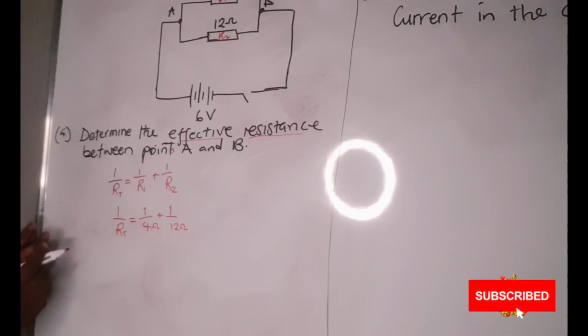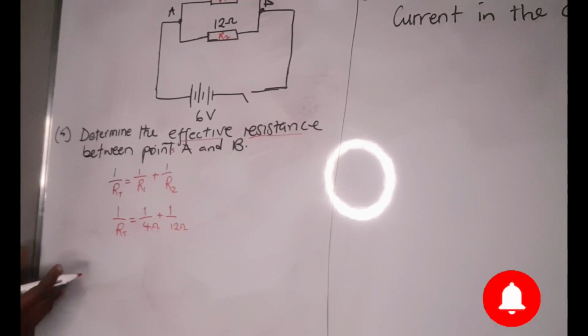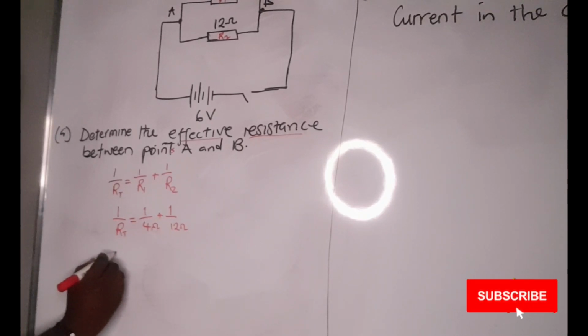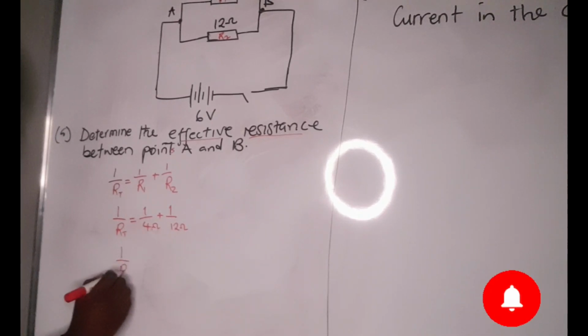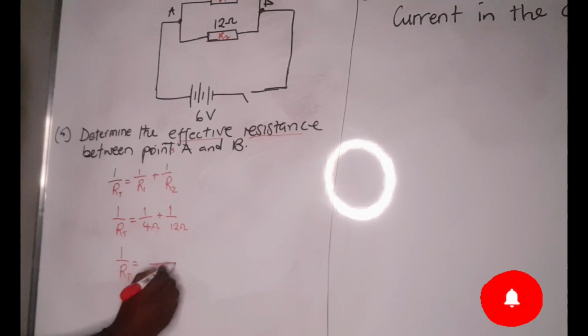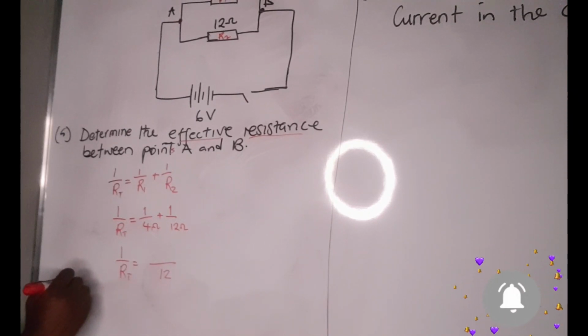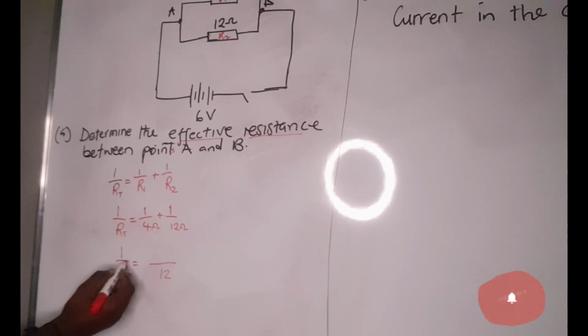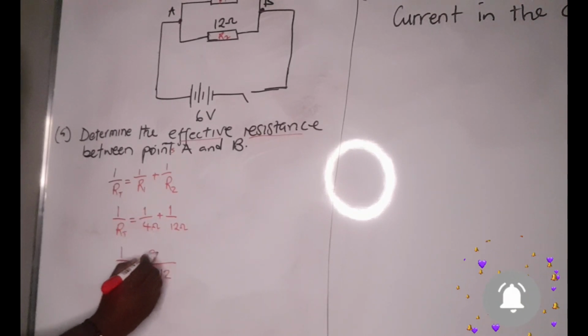Then from here, 1 over 4 plus 1 over 12. Here we can get the common denominator, which is 12. 4 into 12 is 3, 3 times 1 you have 3.